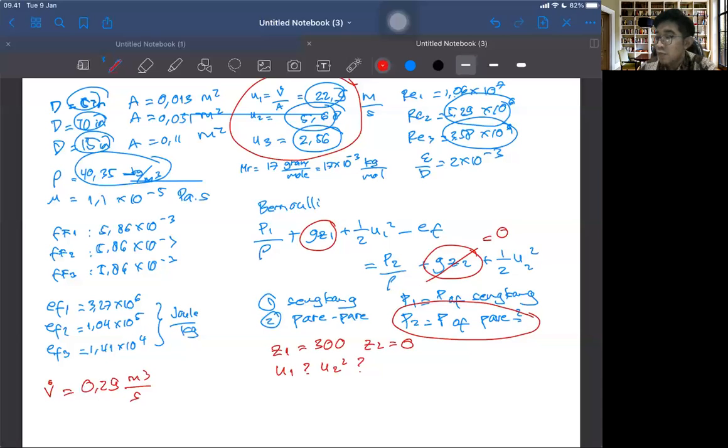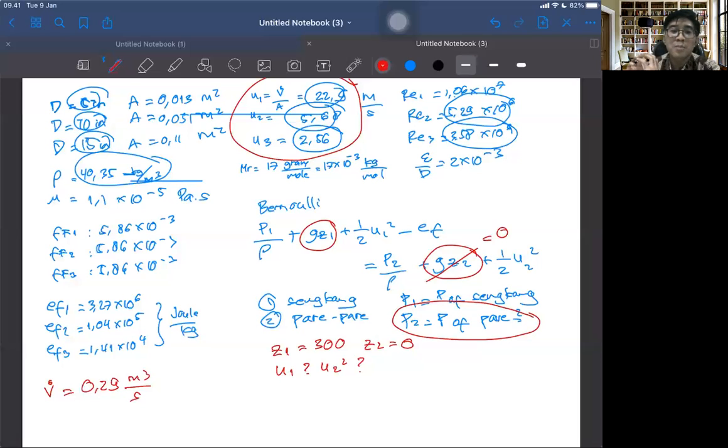And then, for example, you choose pipe with the diameter of 5 inch. The first diameter. From Sengkang to Parepare, is there any change in the diameter? No, sir. So if you choose one diameter, it means throughout the journey from Sengkang to Parepare, the pipe has one value of diameter.